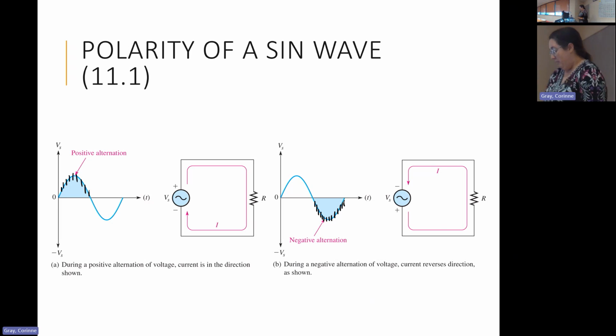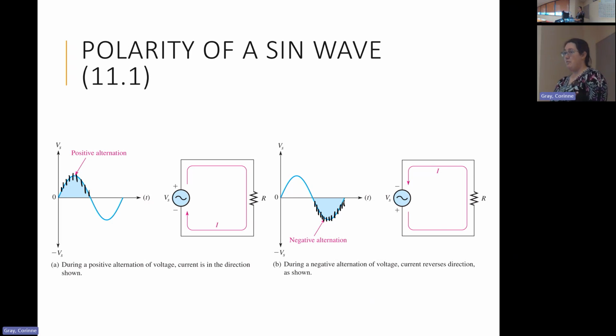So if we're looking at both of these circuit diagrams, what is something that you notice for the source? Yes, the sine wave showing that it's AC.